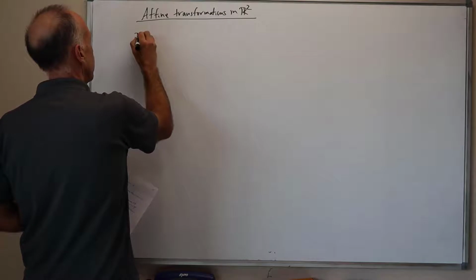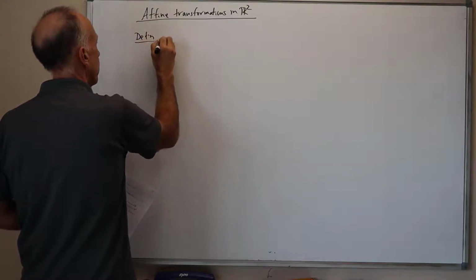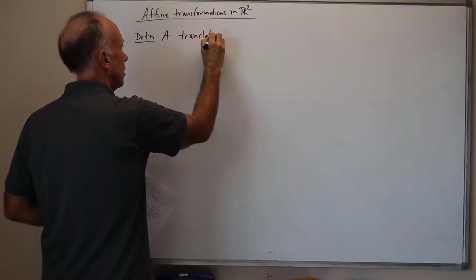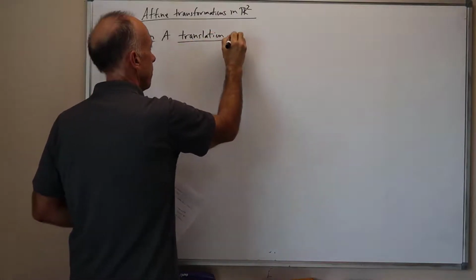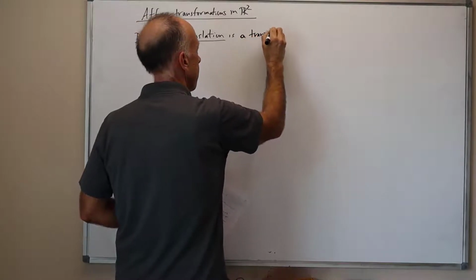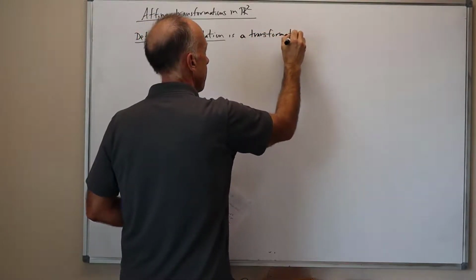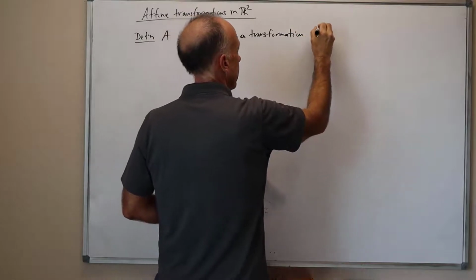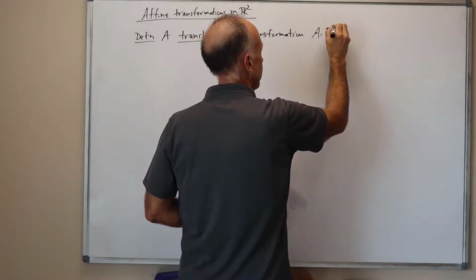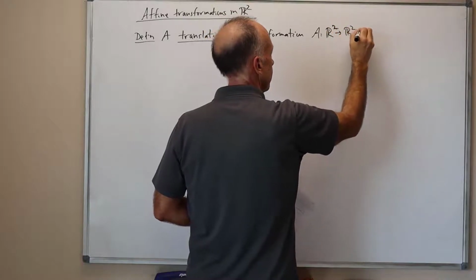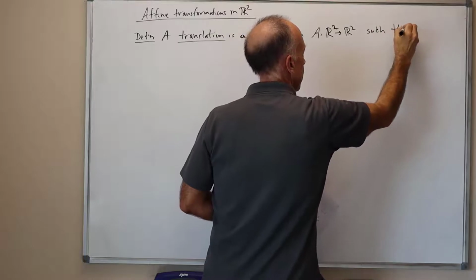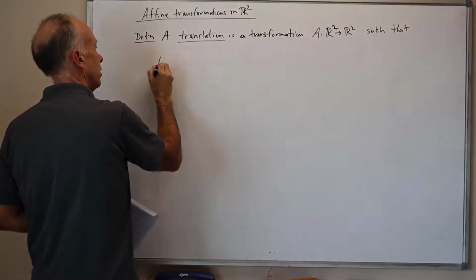So the definition is then: a translation is a transformation, a mapping R2 to R2, such that A satisfies the following properties.